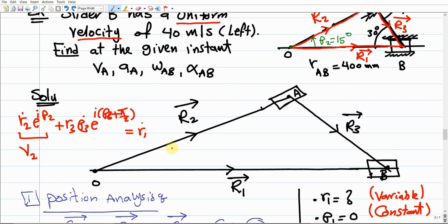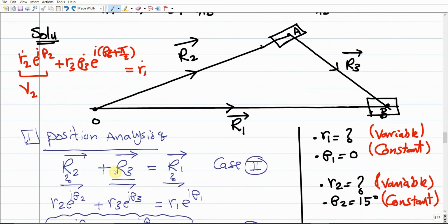With the same theta 2 here, it means that it should be parallel to the R2, but it is not necessarily in the same direction or in the opposite direction to the R2 that you assume. This basically depends on the concept, because the velocity, and even the acceleration, would have different directions because their physical meaning is different than the position. Anyway, V2, which is R2 dot, you have to check your answer down here.